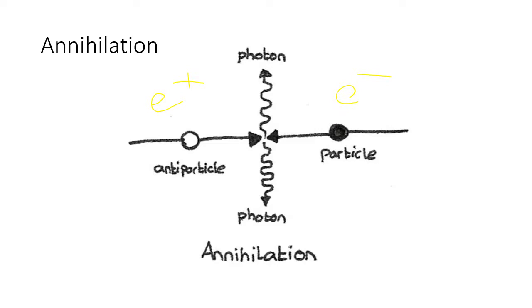The electron and positron are the lightest charged particles, and so this is the most straightforward annihilation that's going to occur. And the result is two photons. There have to be two photons because otherwise you can't conserve momentum and energy.